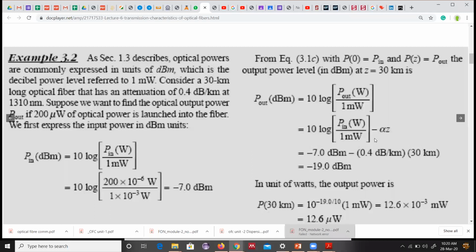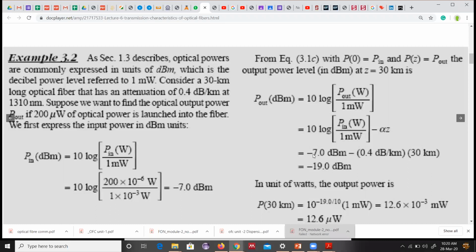As we have already used this alpha, which is nothing but the loss, and the loss is mentioned in terms of dB per kilometer. In the question, they have mentioned 0.4 dB per kilometer. So it is input power in dB milli minus the loss, which will give you the output power.